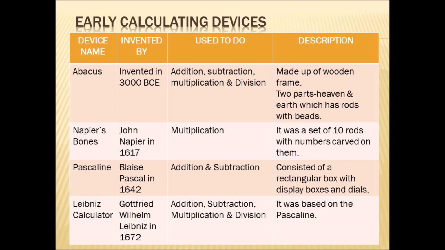The first device is abacus. Many of them should know this device, that is abacus. It was invented in 3000 BCE. It is used to do addition, subtraction, multiplication and division.